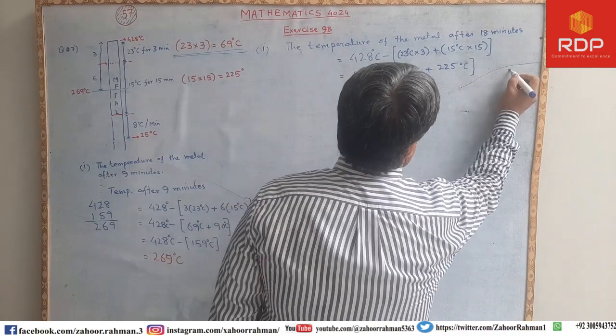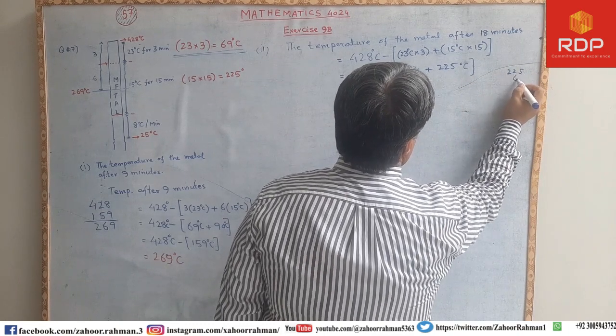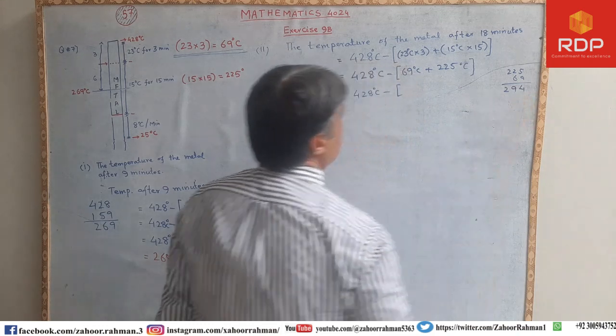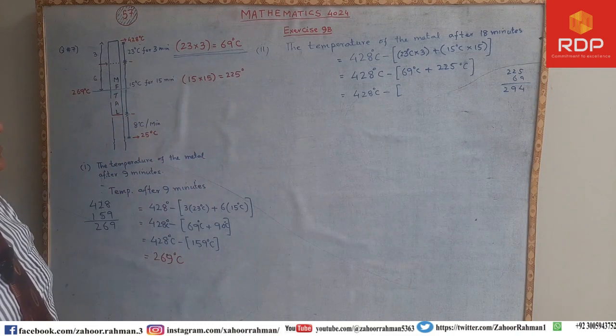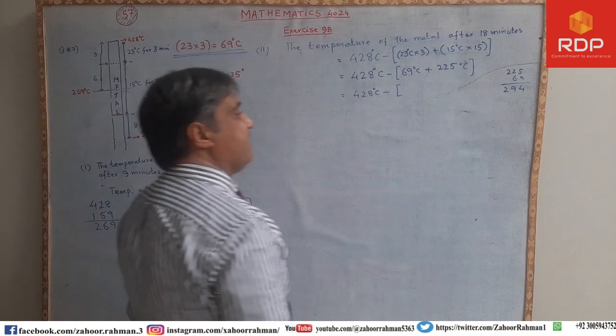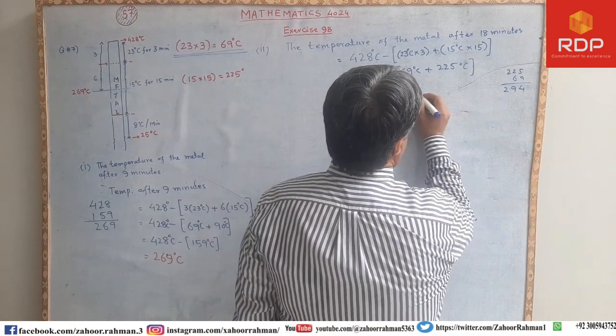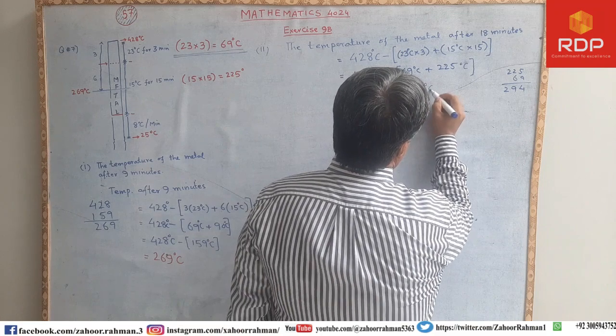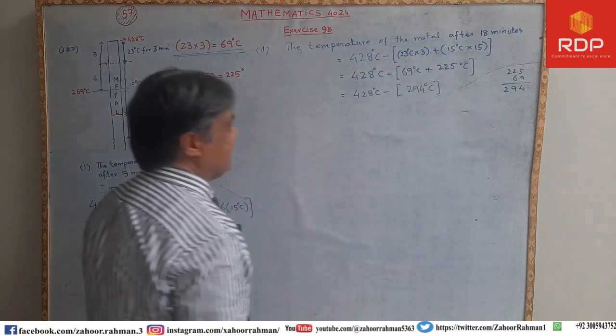But here 225 and 69, so 294. So it will be 294 degrees Celsius reduction.